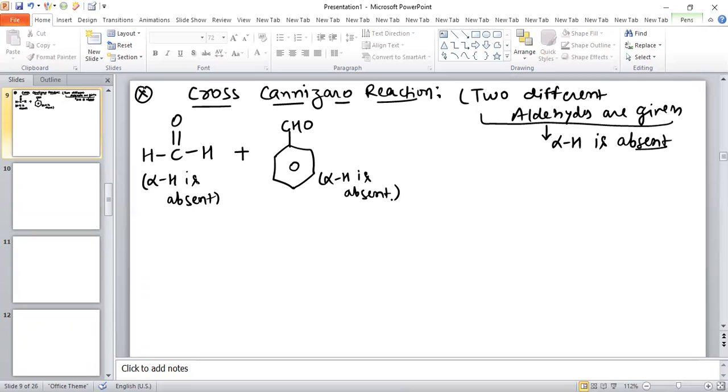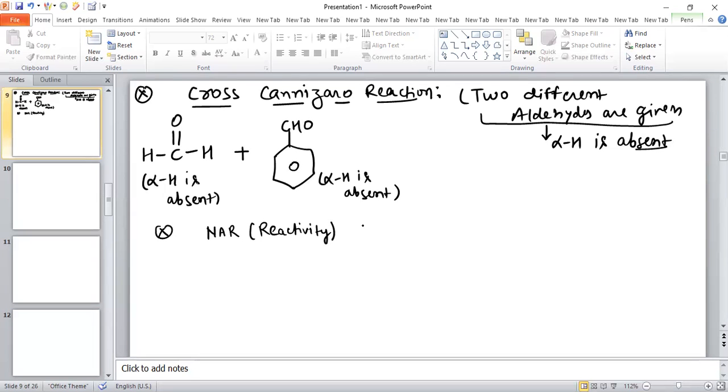You people know, in these two compounds, which is more reactive based on the nucleophilic addition reaction? As we know, the nucleophilic addition reactivity depends on two factors.